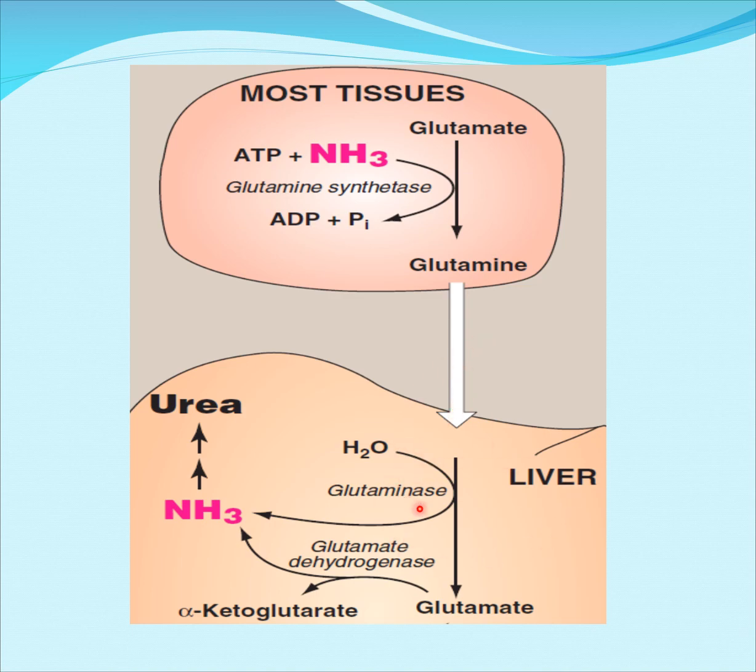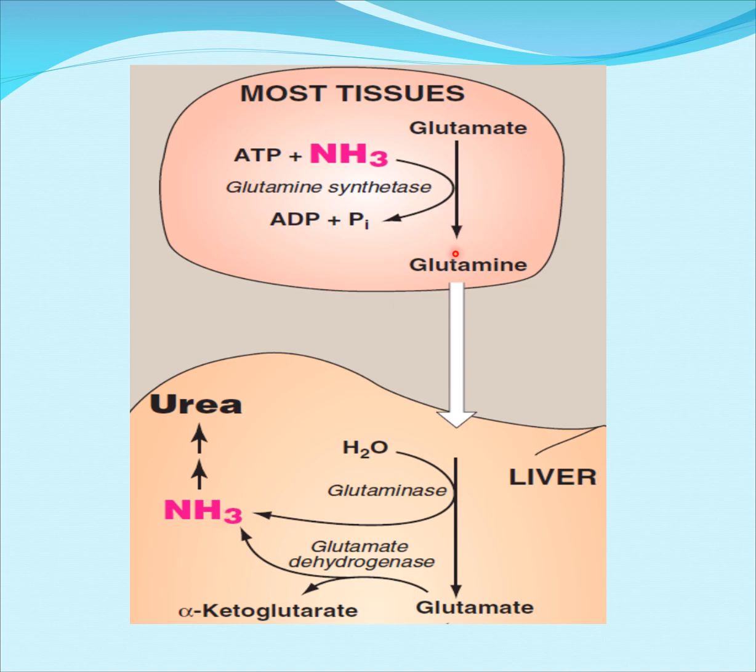It undergoes two steps. The first step is by glutaminase. We remove the first amino group, converting glutamine into glutamate. Then by oxidative deamination, by glutamate dehydrogenase, it is converted into alpha-ketoglutarate, and we have produced 2 moles of ammonia.